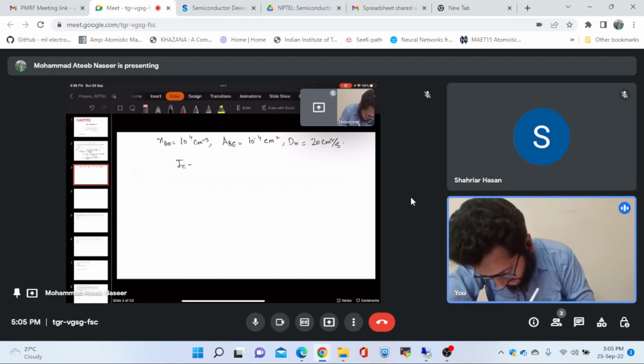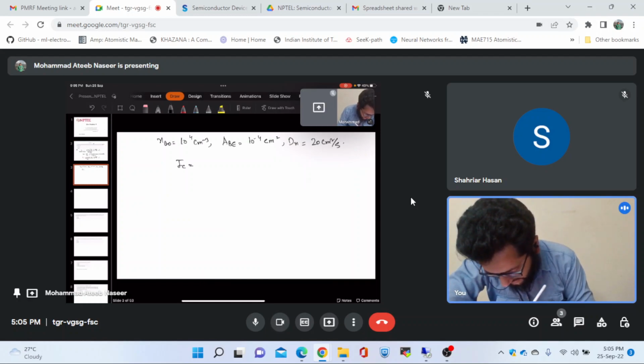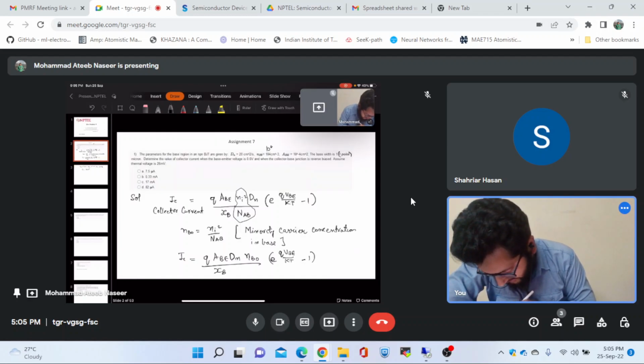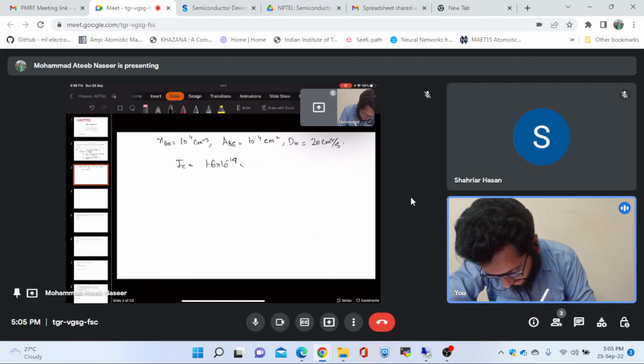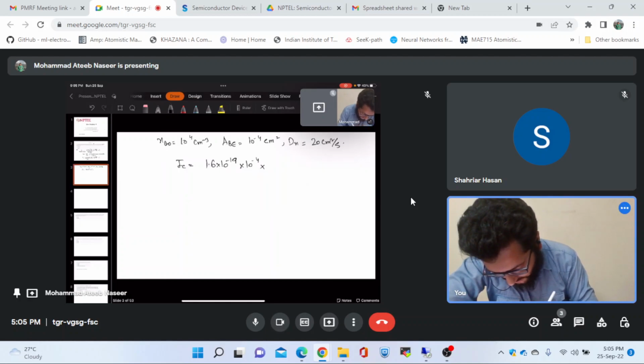Let us put these values in this expression, where we have this base width as well. This is 1 micron, which implies 1 micrometer. So we will write these values. This is 1.6 into 10 raised power minus 19 for the electronic charge. For the area, it is 10 to the power of minus 4. For NB naught and Dn, it's 20 for Dn, and for NB naught, it's 10 to the power of 4.